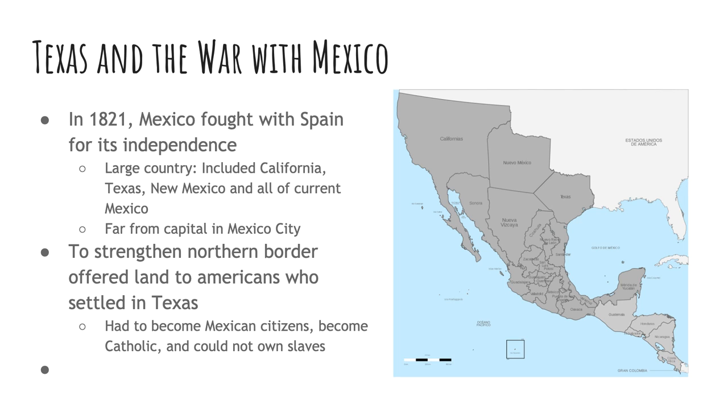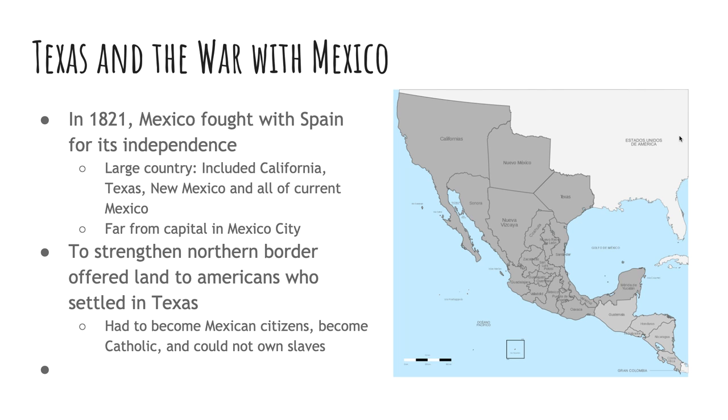So, in order to strengthen these borders, okay, and to prevent people from invading Mexico, they were offering land to Americans who would settle in Texas. So remember, at this time in the 1800s, the United States is expanding and settlers are moving more and more west, okay, during this time.